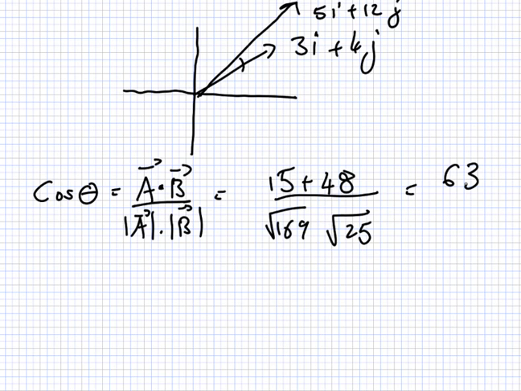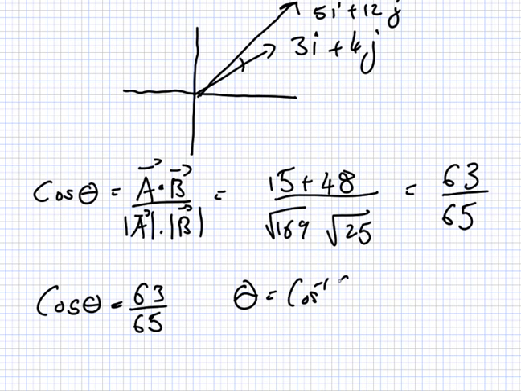Yes, and on the bottom we have 65. So cos theta equals 63 over 65, so theta equals cos inverse 63 over 65, which is about 5 degrees or something?